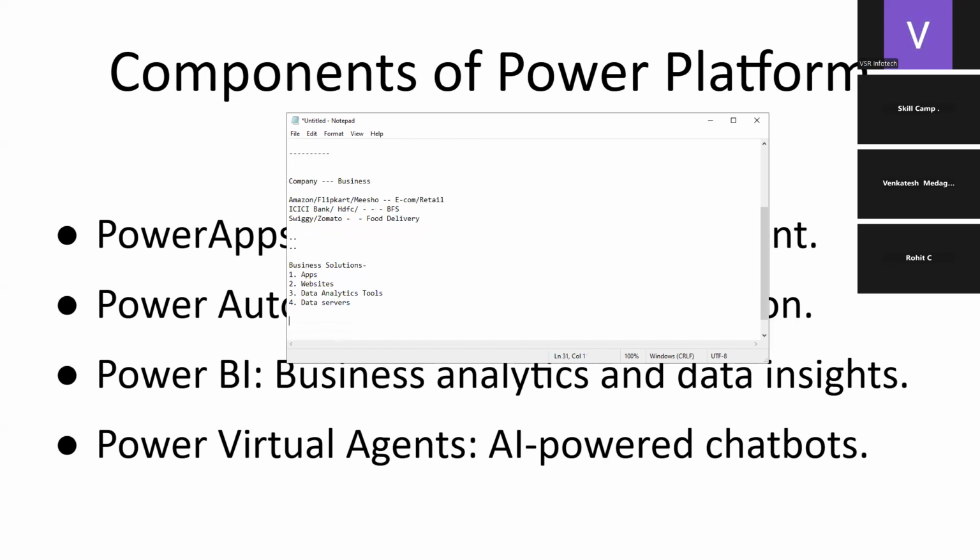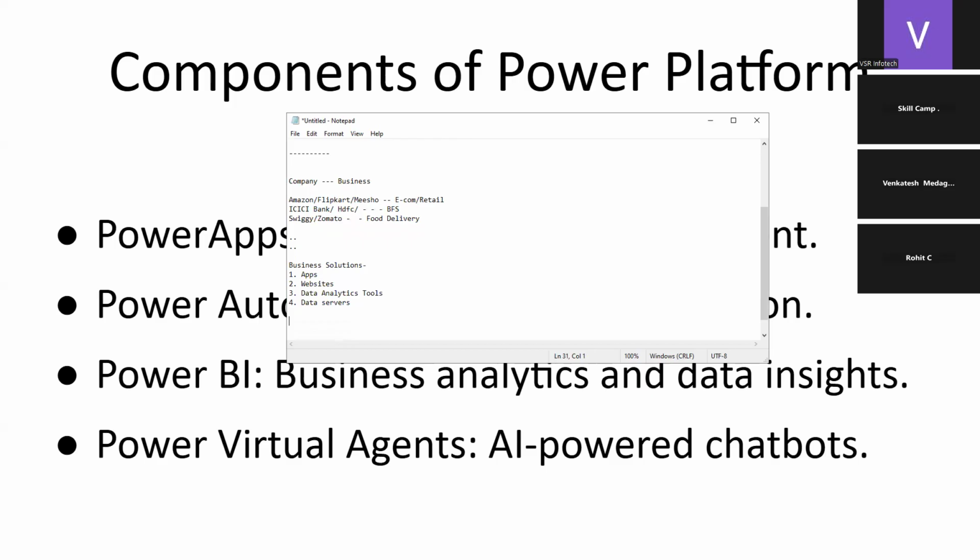So majorly any company would have any of these business solutions with them. Swiggy, Zomato, Amazon, Flipkart, they are all having their apps, they are all having their websites, they are also having their analytics tools for their internal teams. They have their servers where they store all their data, right?